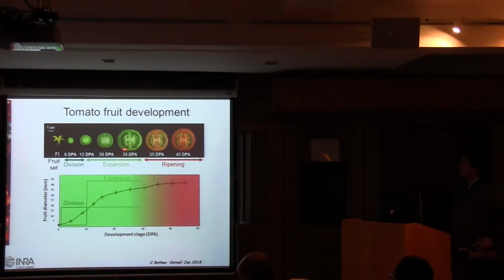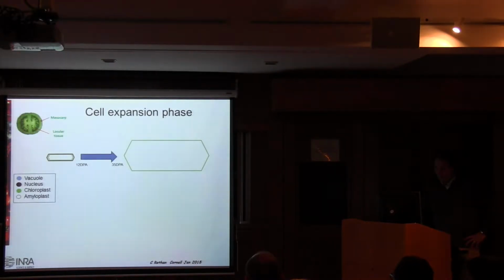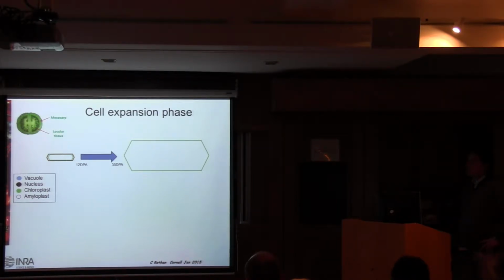You have the largest increase in fruit weight during these stages, after the cell division and before the ripening. During the cell expansion stage, you have a huge increase in cell size. Cell size can go from 50 micron in some varieties to 1 millimeter length. So you can almost see the cell with the naked eye.